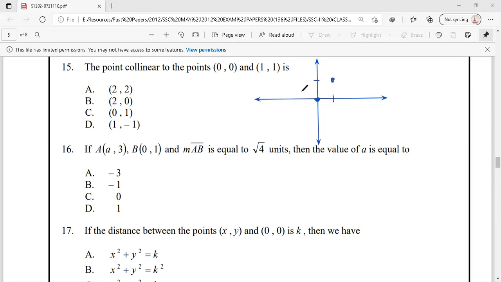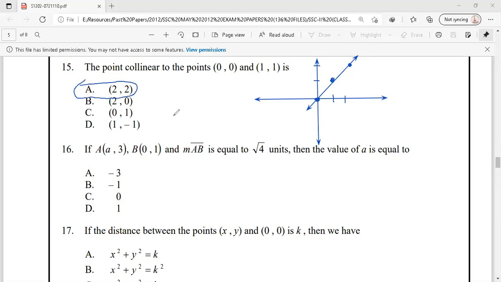This is 1 comma 1, and the other point that is collinear with this is 2 comma 2, so that these 3 points lie on a straight line. So these 3 points will make a straight line. It means these points are collinear. So the correct answer is option A.